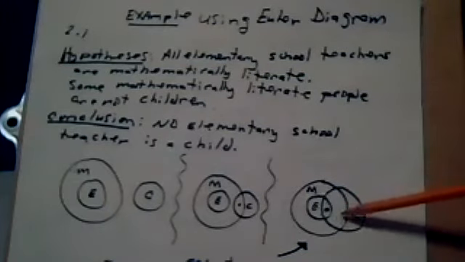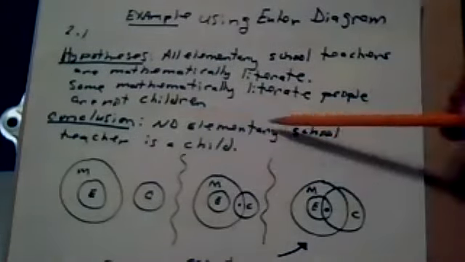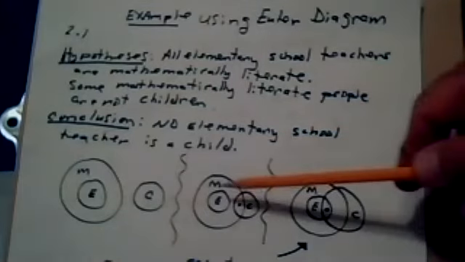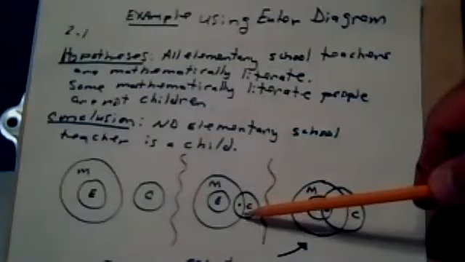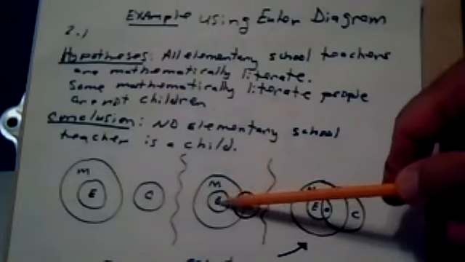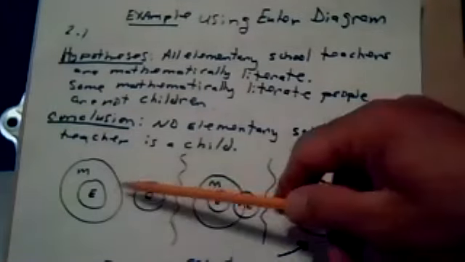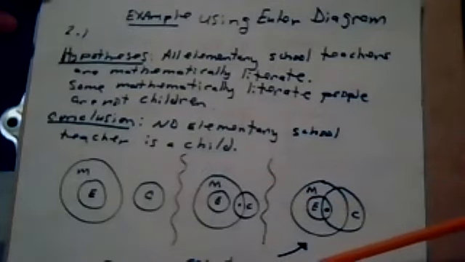But look at what happens. In both of these, the conclusion was already implied: no elementary school teacher is a child. Notice the child circle does not intersect the elementary school teacher circle, so the conclusion is valid. But when you get to this, you find a counterexample. This is the exception to the rule.